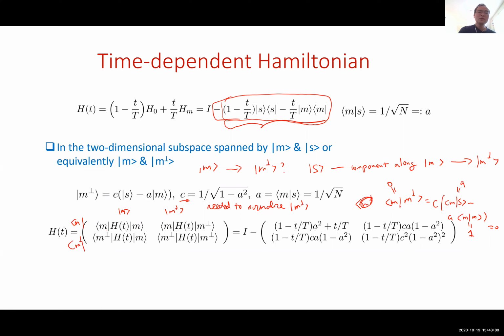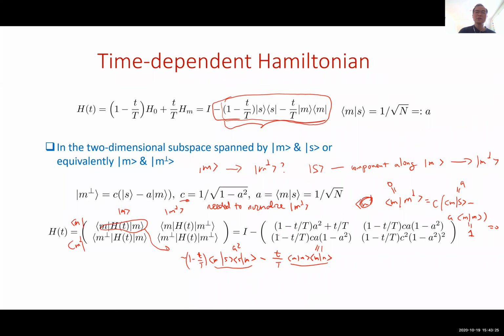So maybe I just do one for you. If I want to calculate this, how do I do that? It's really taking that and the Hamiltonian and sandwiching this way. It's S minus T M, and this is 1. And this is A squared.